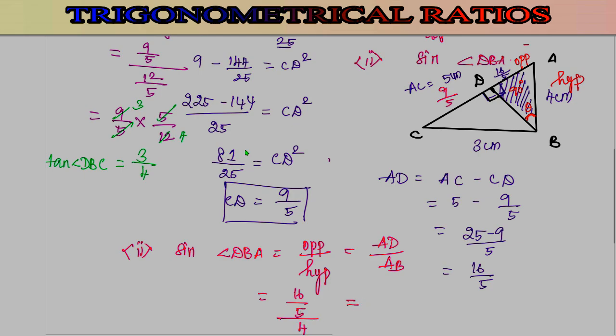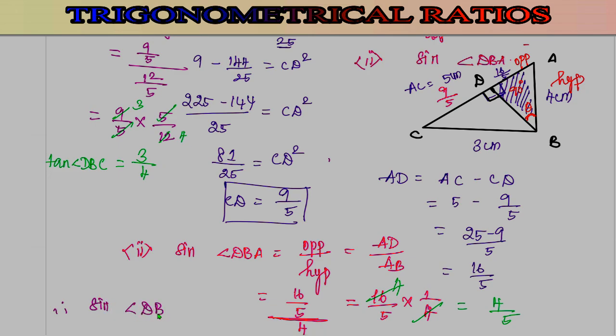AD is equal to 16 divided by 5. Instead of this division, if you replace it as multiplication, 4 reciprocal is 1 by 4. So we will get here 1 4s are 4, 4 4s are 16. So finally we got 4 by 5. Therefore sine angle DBA is equal to 4 by 5. So this is the final answer.